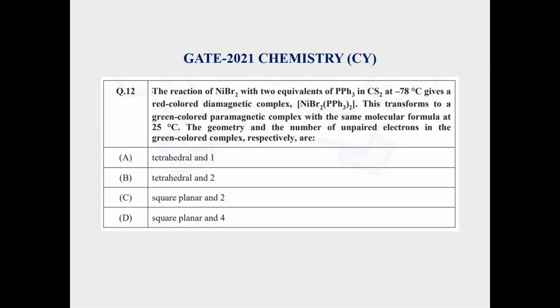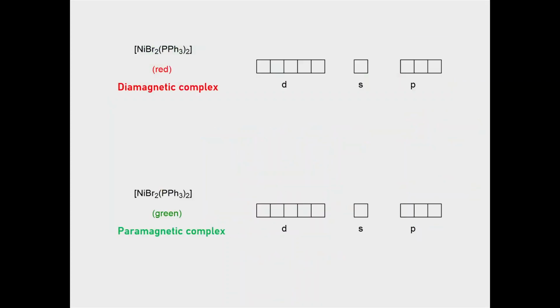Okay, so in the question we can see that it is given that the red colored complex is a diamagnetic complex, right? Diamagnetic complex means what? No unpaired electrons. Yeah, so in this case all the electrons are paired and we have a total of 8 electrons.